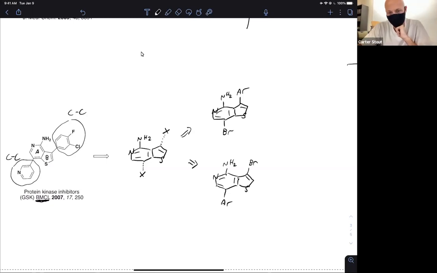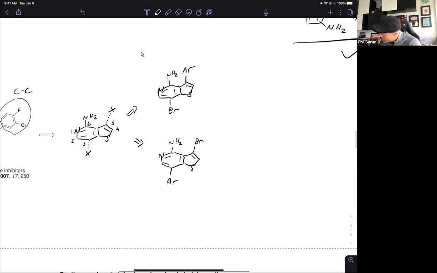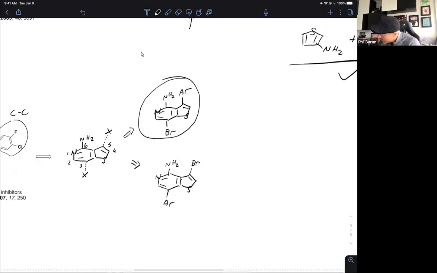My instinct would say that it's easier to brominate C3 of the thiophene. So you're saying it's easier to, yes, okay, so that would mean probably that's the correct answer. And that leads us down a path of thinking about this compound. Now the question for you is, we've got this aryl in place.